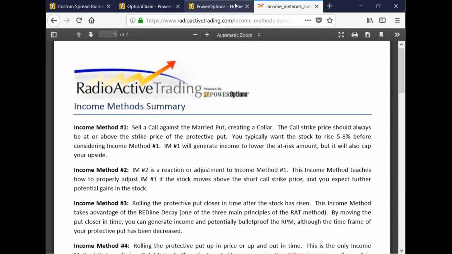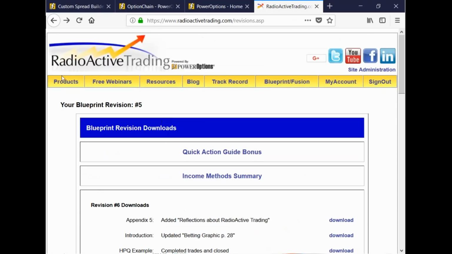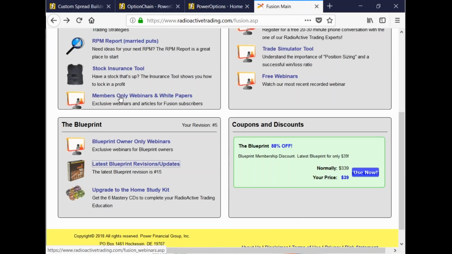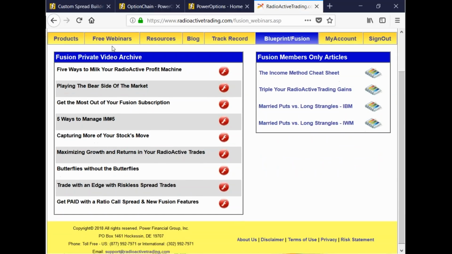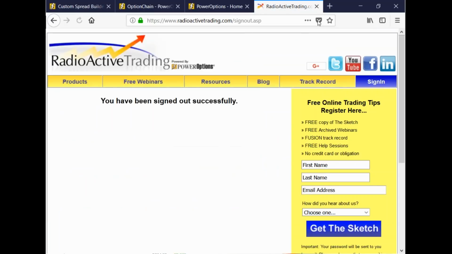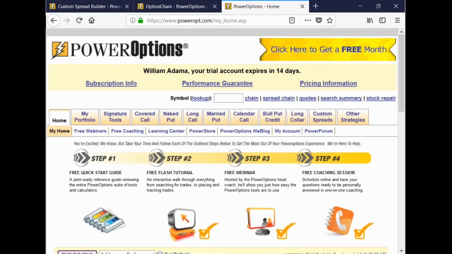So whether you're a blueprint owner or a Fusion subscriber, you can access it there. Of course, you always have all the other webinars there too for members only. So that answers your question, Mark. Just log on to radioactivetrading.com with your credentials and you can access them there.